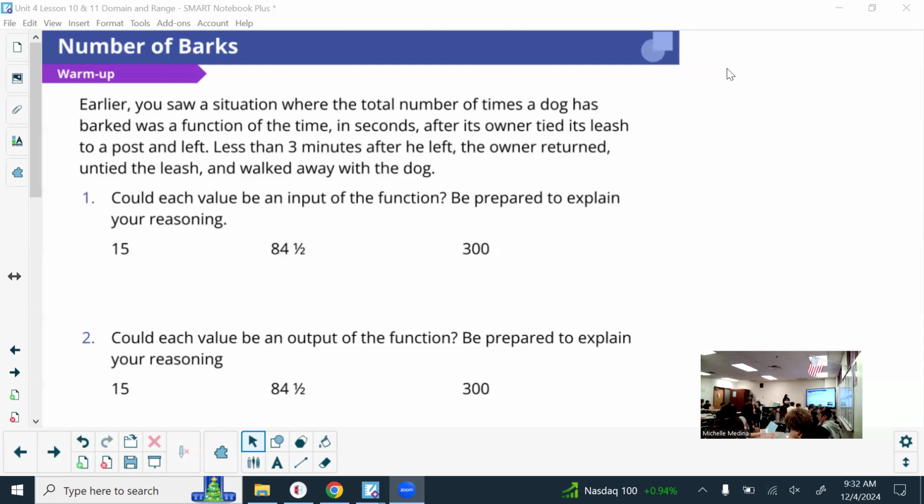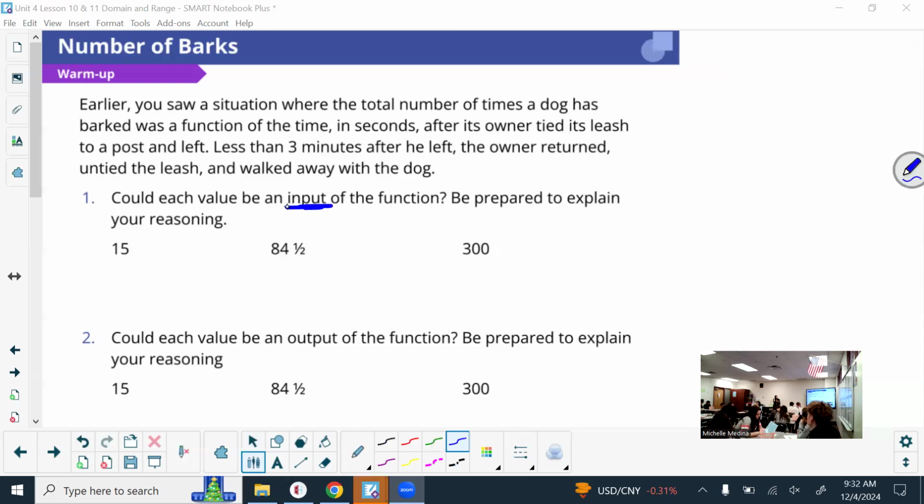Table 8, could each value be an input of the function? So actually, before you answer that, between the two things being compared, the number of times a dog has barked and the time in seconds, which would be the input? Where do we graph inputs?